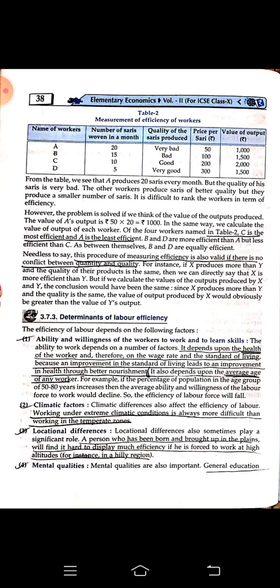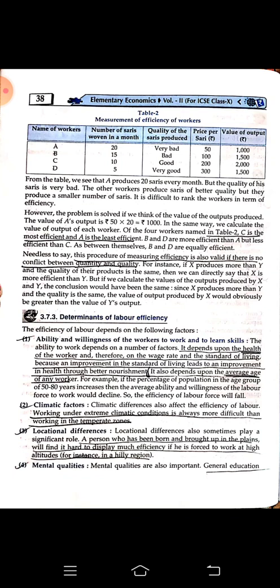Okay, here in this point I have underlined two points. One is the health, one is the average age. Health depends upon the health of the worker and therefore on the wage rate and the standard of living. So everything is included. If the wage rate is high, if the income of the workers is good, they will lead a high standard of life.